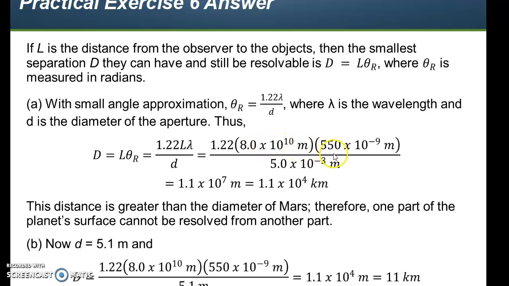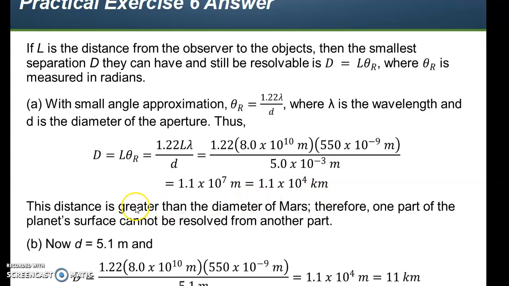The wavelength is 500 times 10 to the minus 9th meters. And then the aperture is 5.0 times 10 to the minus 3rd meters. So all of them are in meters here, which gives you 1.1 times 10 to the 7th meters, or 1.1 times 10 to the 4th kilometers, right?